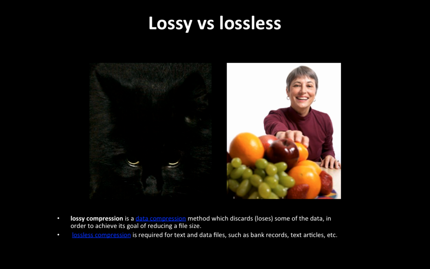You have a white background, but then you have primary colors, secondary colors, flesh tones, and it will have to save a lot more pixels to get all of those colors and values, and it won't compress it as much. It will decompress it, and it will still put all the pixels back.